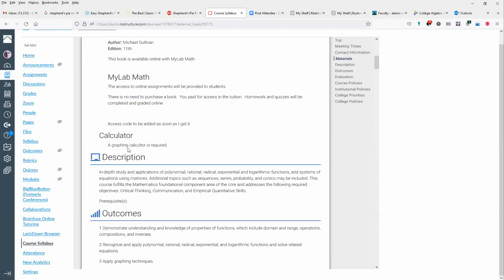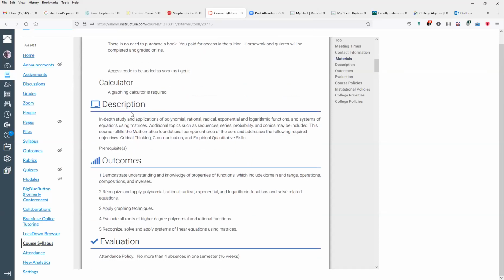But a graphing calculator is not required. I don't require it. The department does, so I have to put that there. A scientific calculator, I don't do any of the other graphing things on the calculator. I know there are people who like to play with the graphing, but the graphing you do in this class, you have to do in pencil on paper, and I need to see the calculations you do to hand in.